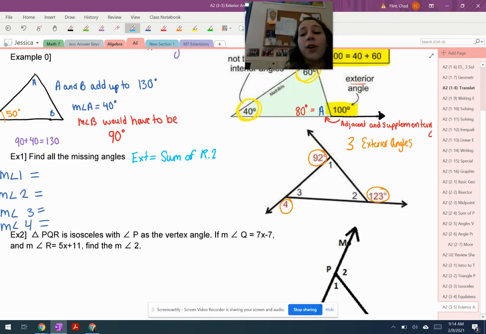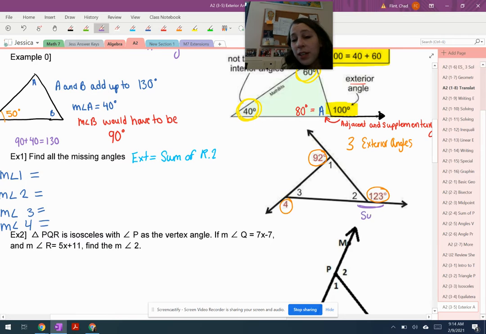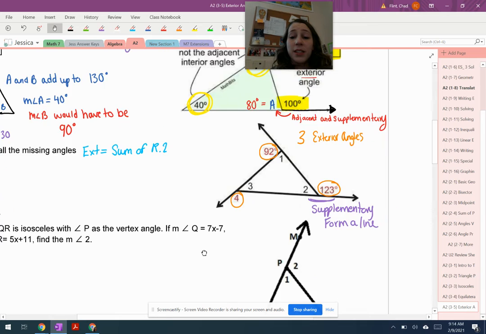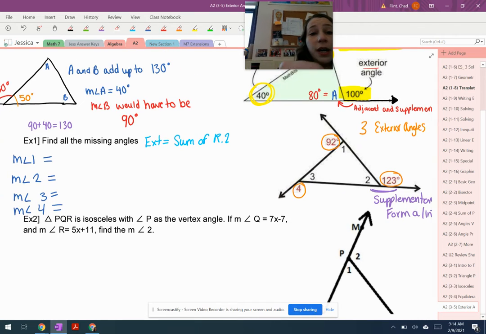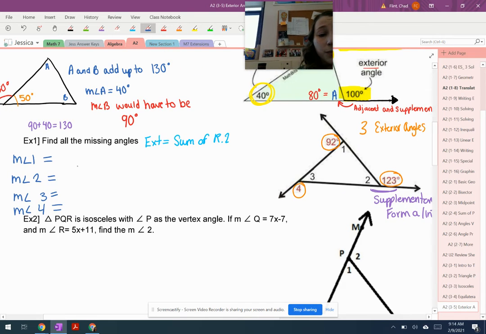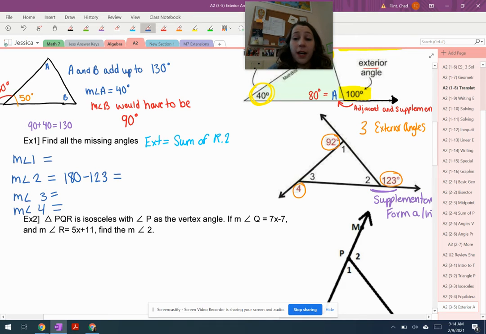I also know that these have adjacent or supplementary relationships here. They form a line. They're supplementary. They form a line. So that means that the measure of angle 2 can be found by taking 180 and minusing that 123, because supplementary, remember, means add to 180.